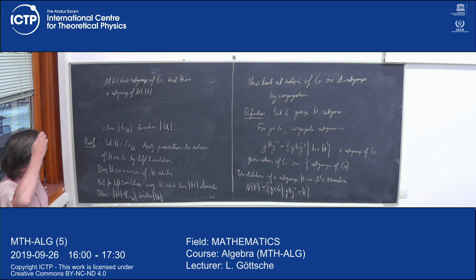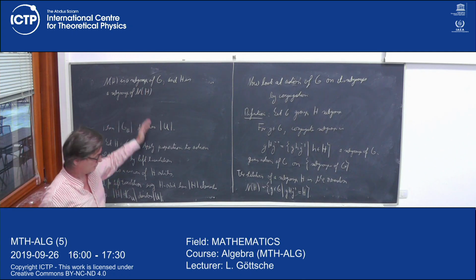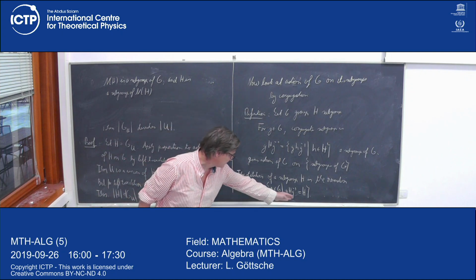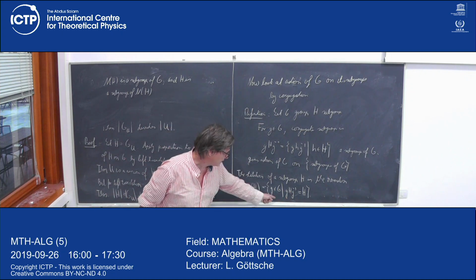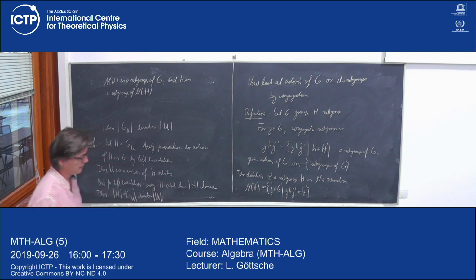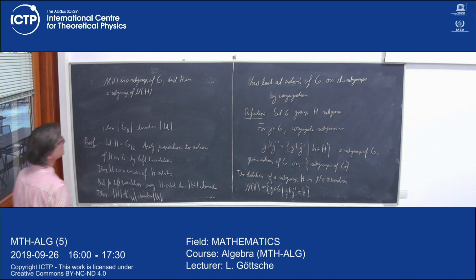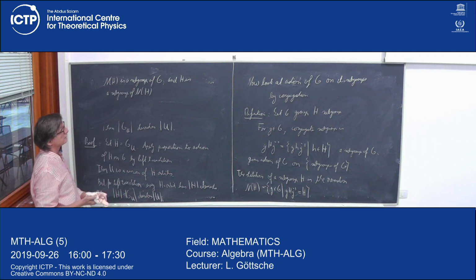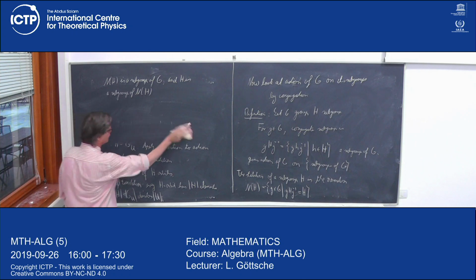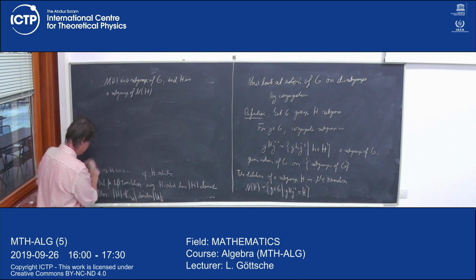Actually, H is even a normal subgroup of N of H, because this precisely says that for all elements in N of H, we have this relation which makes it a normal subgroup of N of H. In fact, N of H is the largest subgroup of G such that H is a normal subgroup of it. But at the moment we don't need that.